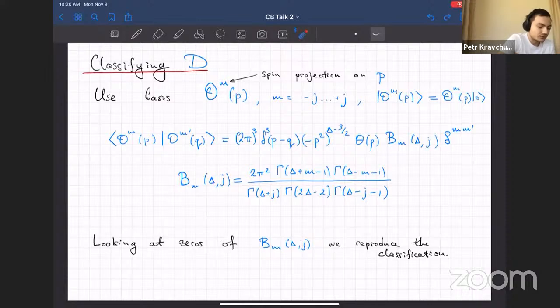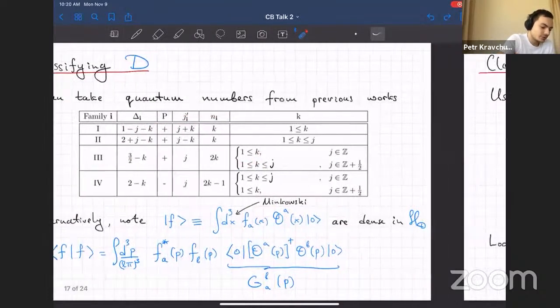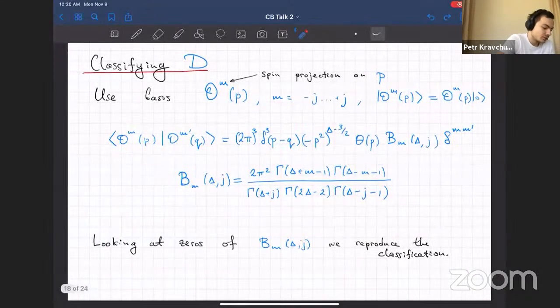Then you can just look at this function and see when it has zeros for some values of delta, for some values of m, and we'll find precisely this classification in this table that you can get from the representation theory of Verma modules. But this is a much more straightforward approach, without having to think about any kind of fancy mathematics.